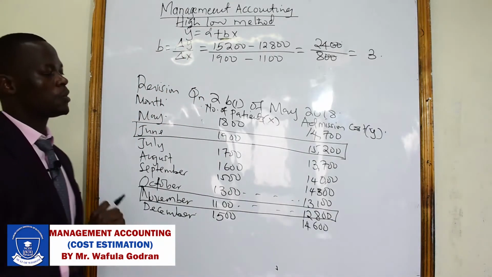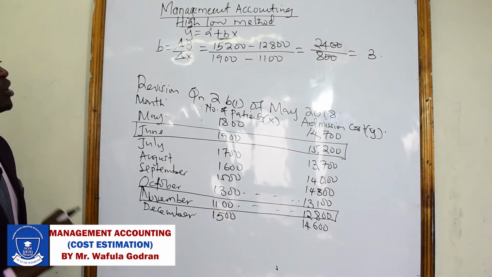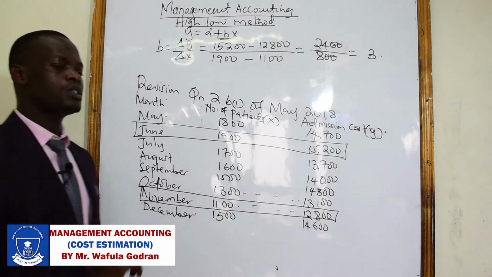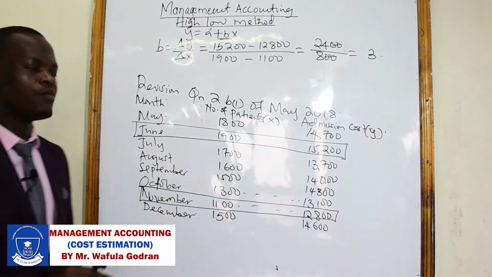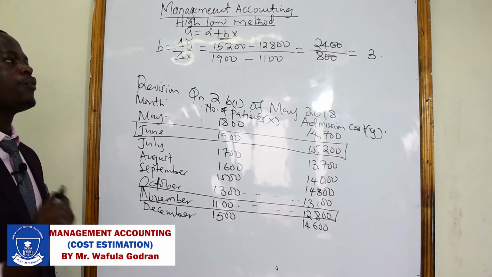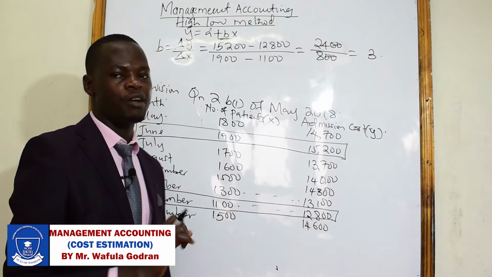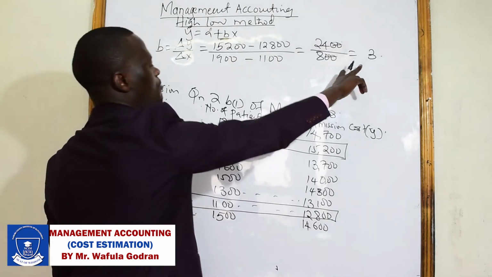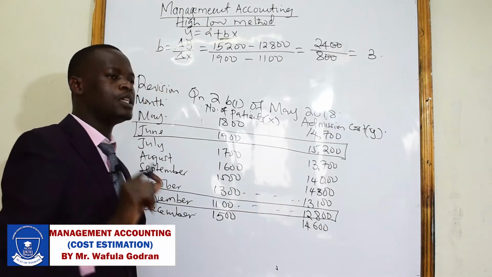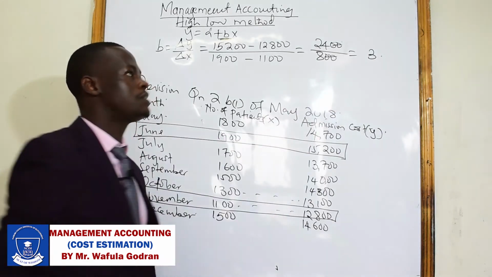Now, we don't stop there. We go and get the total variable cost and total fixed cost at any given point. In this question specifically, they were asking us to break down the fixed component and the variable component. So this is the variable component. That means the change in X will be changing around the 3.